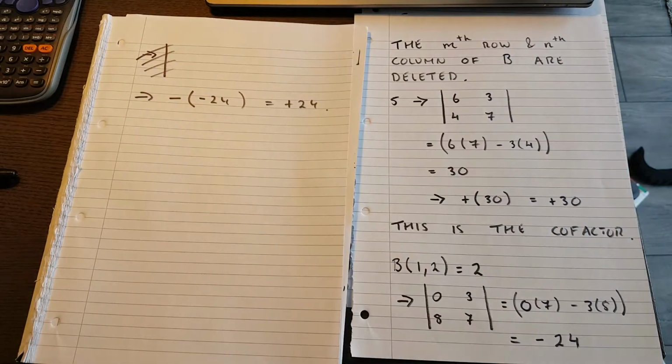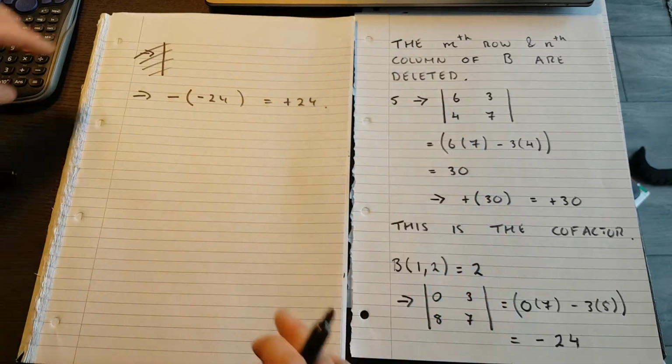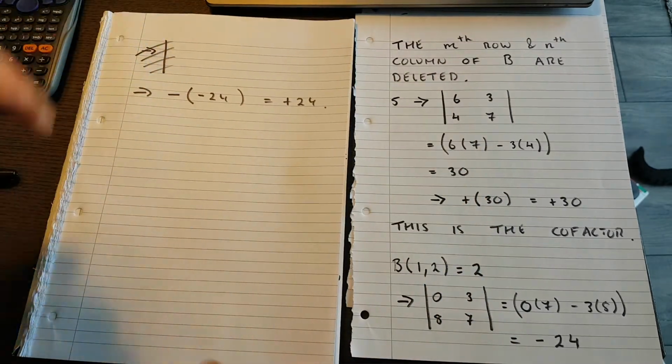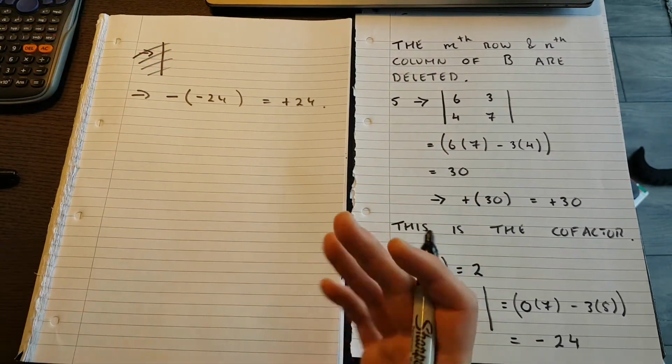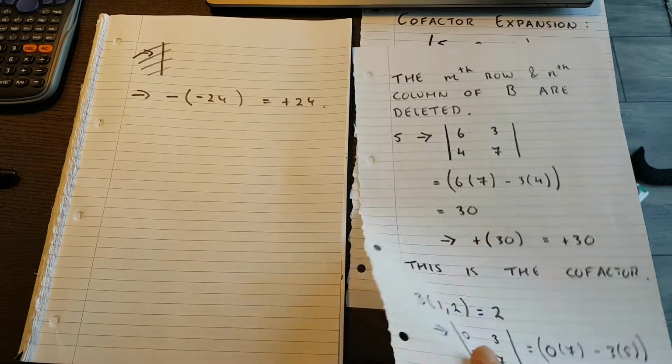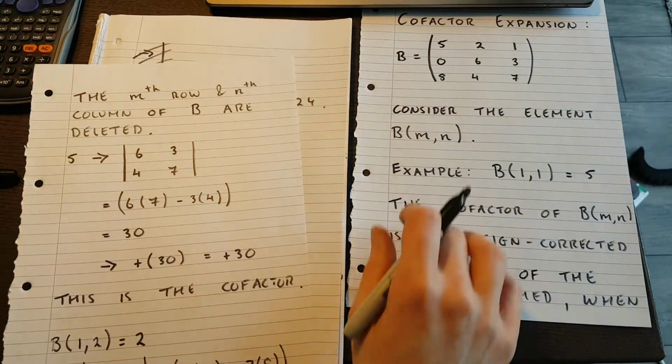And now here's the really tedious part. If I want to find an inverse, I need to use something called cofactor expansion, which means I need to find the cofactor for everything.